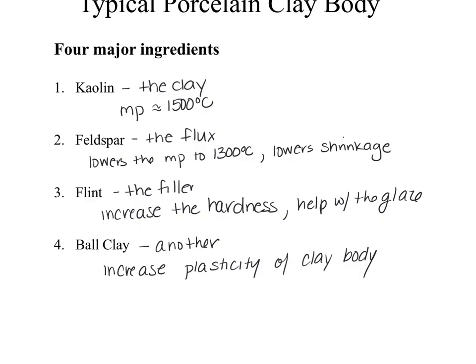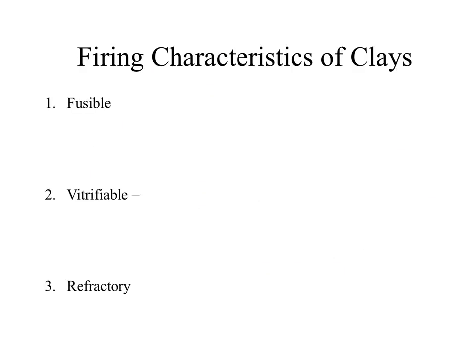Now, once you have your clay body and you shape your clay, the next thing you want to do is fire your clay, and you put it in a kiln. And so we're going to talk about the firing characteristics of clay. So the first characteristic is it needs to be fusible. So it needs to deform and melt when heated on the microscopic level.